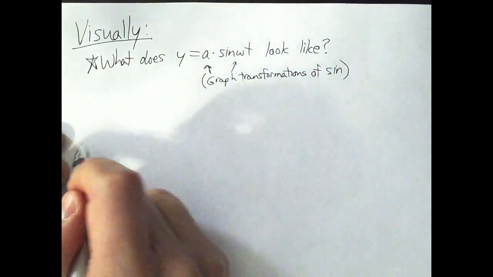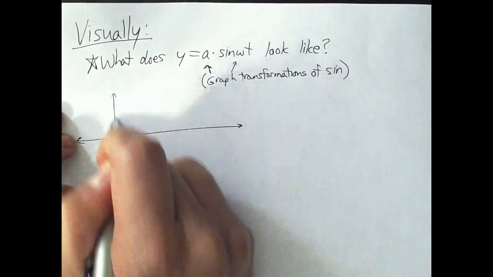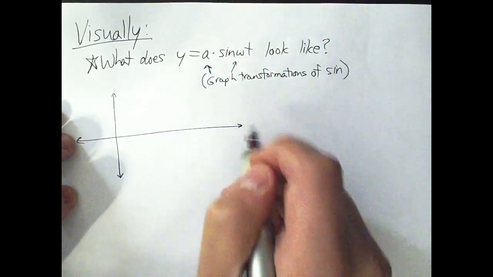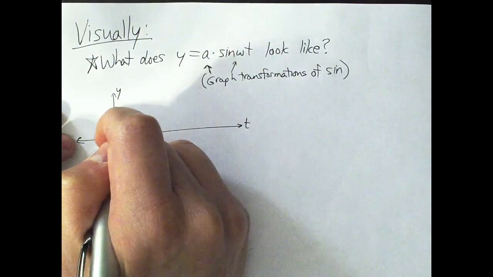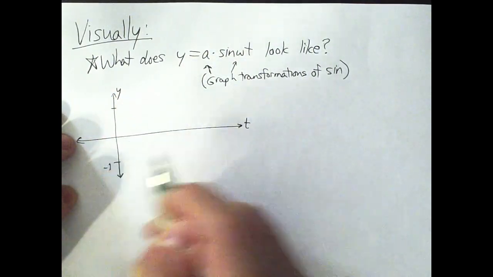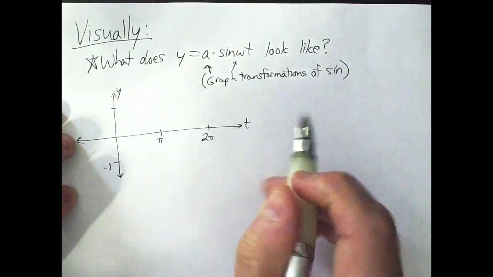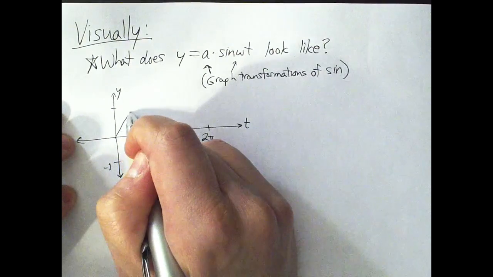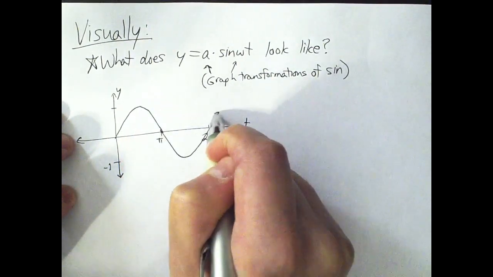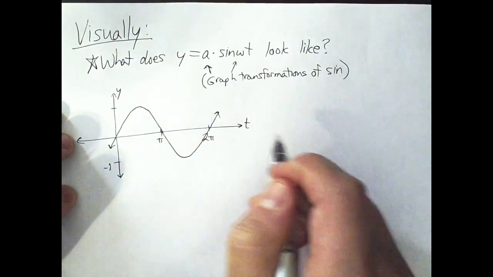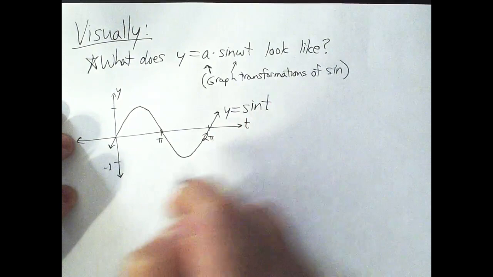First of all, when we do graph transformations, we often start with a picture of the original function. So I'm going to draw a quick sketch of just sine. Sine goes up, down. Let's say this is a quick picture of y equals sine t.